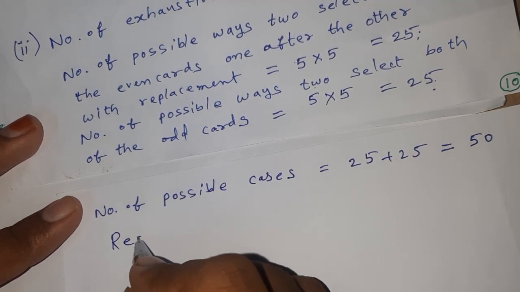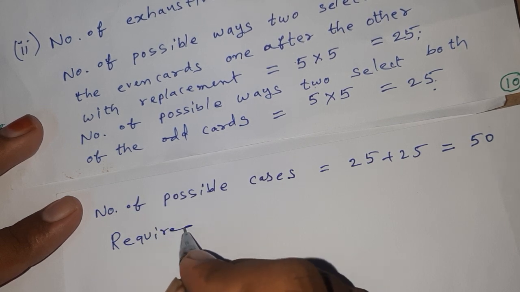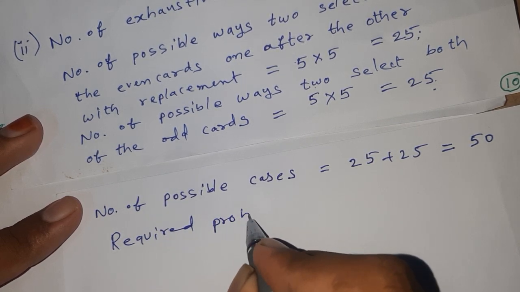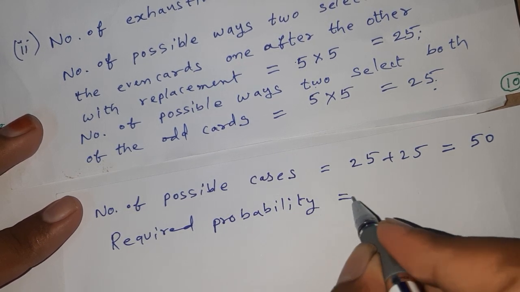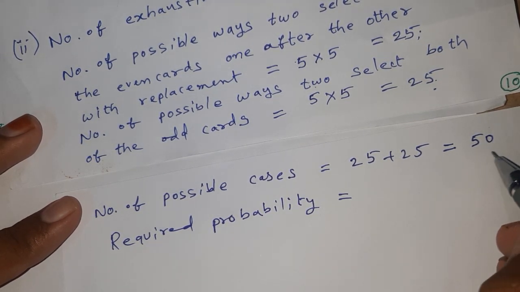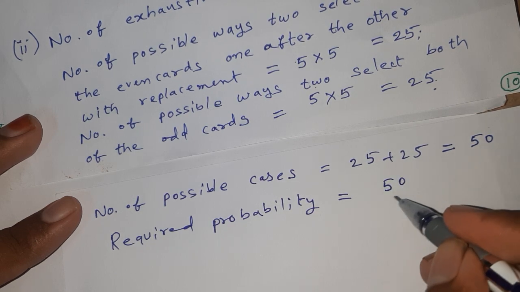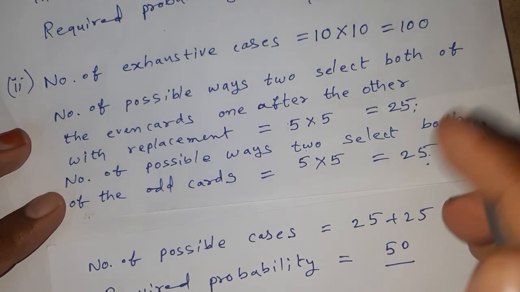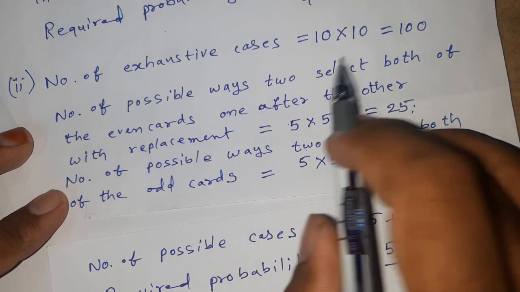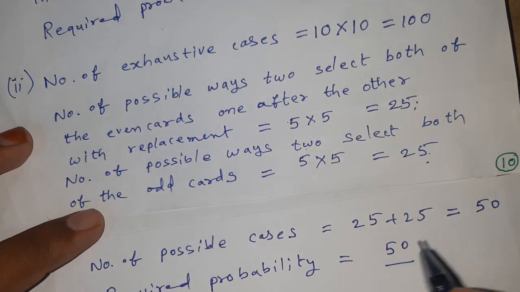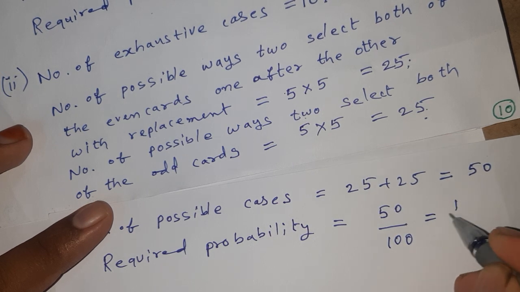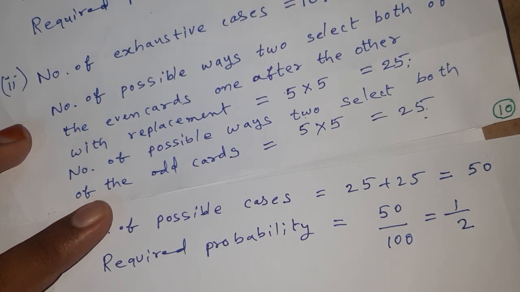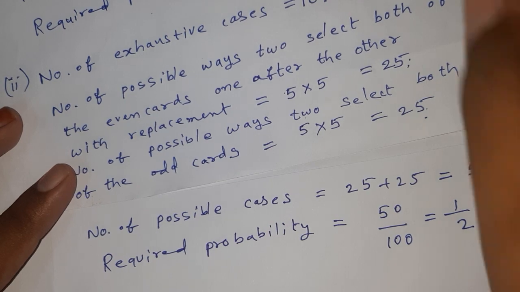Therefore, the required probability is equal to number of favorable cases, 50, by number of exhaustive cases. The number of exhaustive cases is equal to 100. That is 1 by 2. This is the required probability.